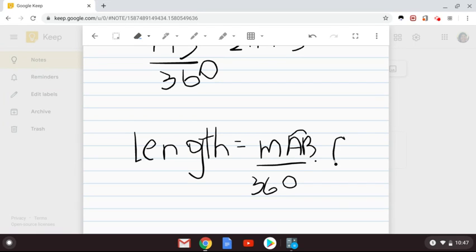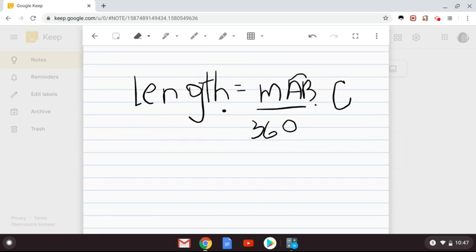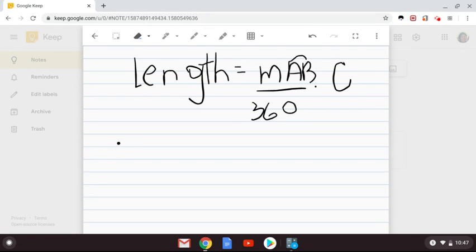So technically this is just C. I'm trying to isolate the C, so I multiplied both sides by 360, and then I divided both sides by the measurement of arc AB. That way I can get C by itself.